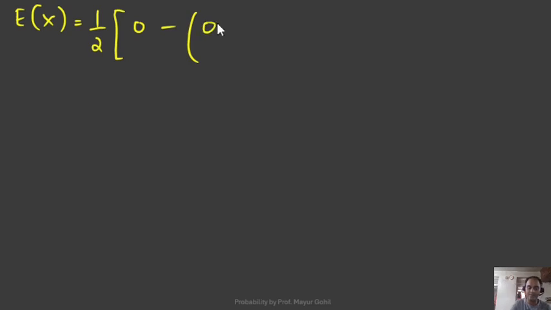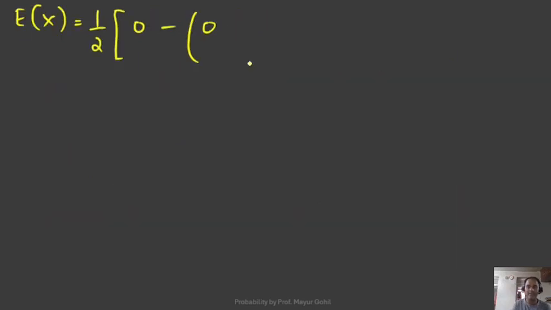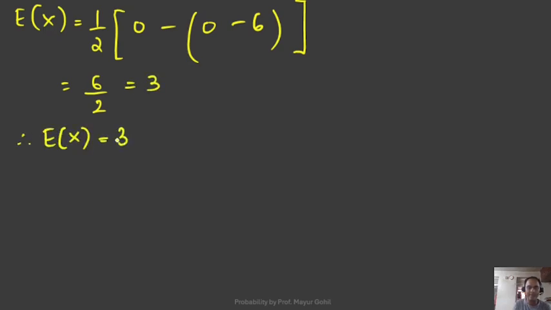But at the last term there is minus 6 staying there, so the final answer will be 6 over 2, that is 3. So you have your expectation of x as 3.